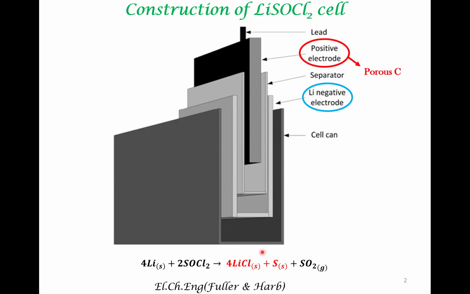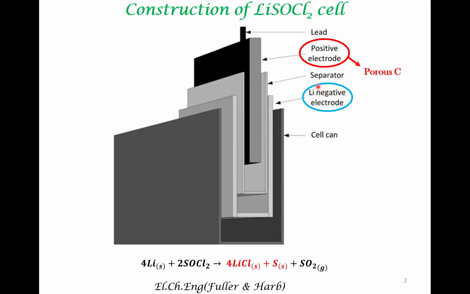Then the solid components that are formed as a product of the reaction go into the pores of a carbon material. So that forms the positive electrode. This is porous carbon. Within the pores are stored the products of the reaction.